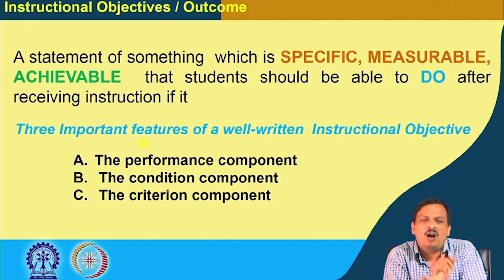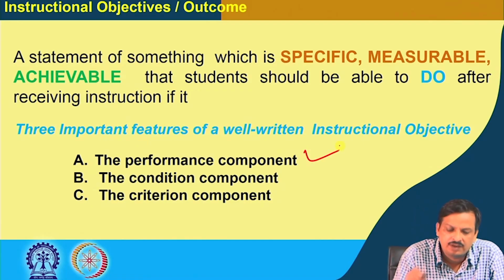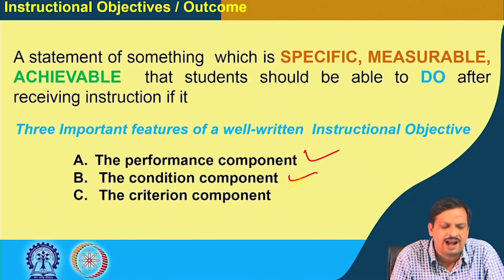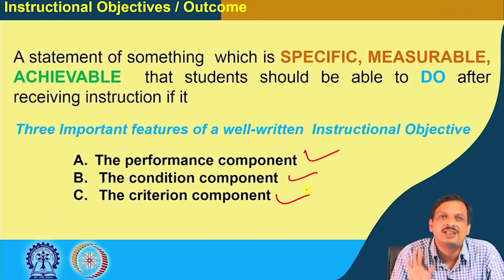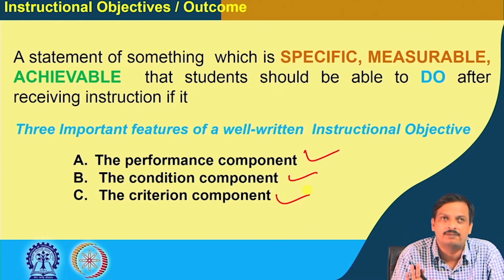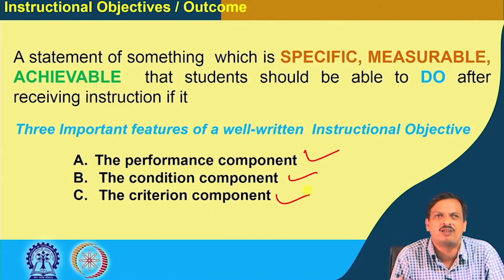So, all outcomes, specific, measurable, achievable, must contain condition component, criteria component, performance component. Performance component is mandatory; condition component and criteria component make the outcome specific and achievable. But if the performance component is not there, that cannot be an outcome or instructional objective.